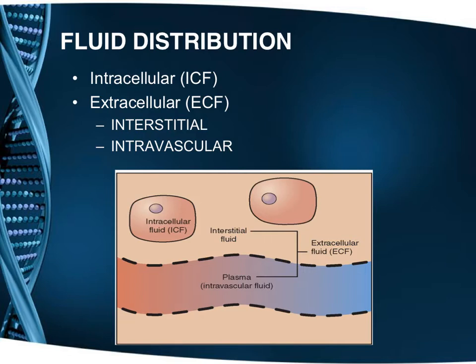Interstitial fluid also includes lymph and cerebrospinal fluids. The intravascular space refers to the blood vessels, and the fluid there is known as plasma or intravascular fluid. An exchange of fluid occurs continuously among the plasma, interstitial fluid, and extracellular fluid. You can see these three compartments depicted on the illustration on this slide.